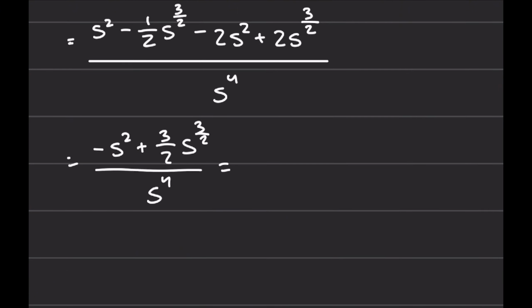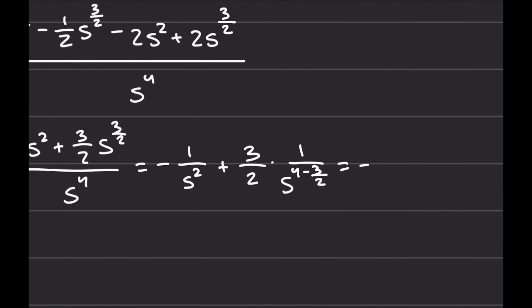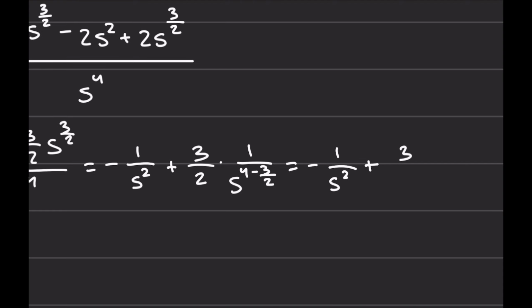And that simplifies to negative 1 over s squared plus 3/2 times s to the 5 over 2, just trying to simplify it. So that is our final answer.